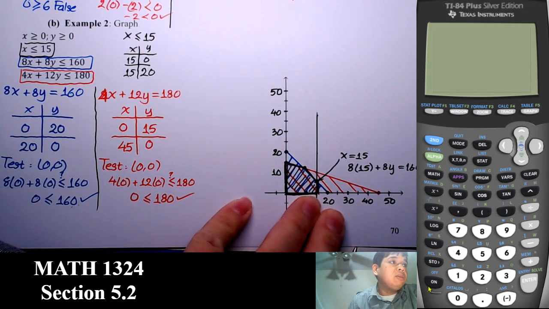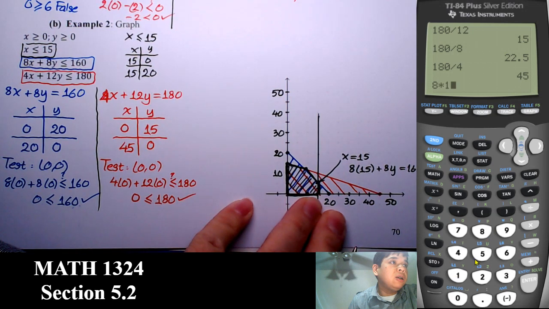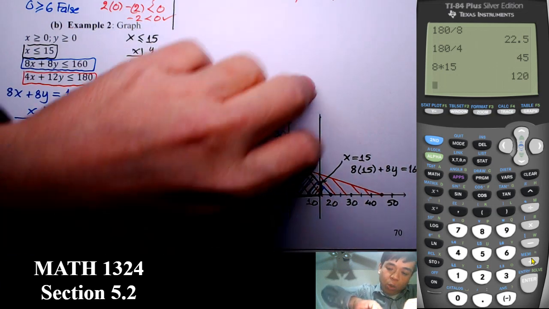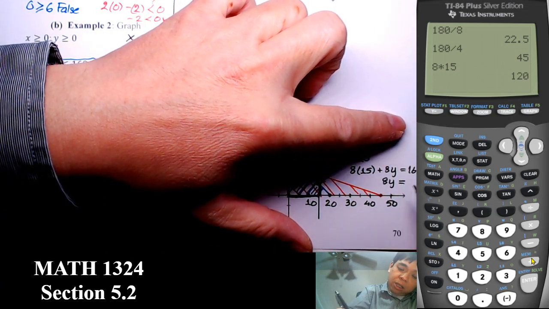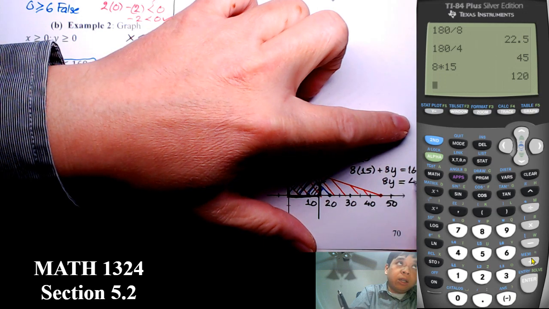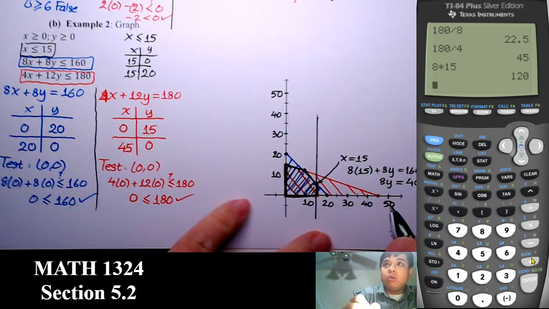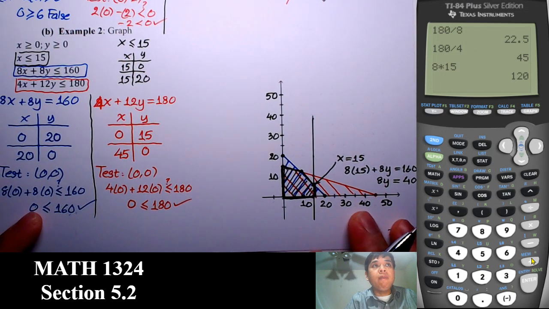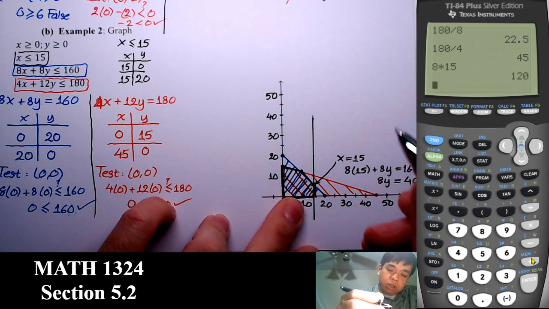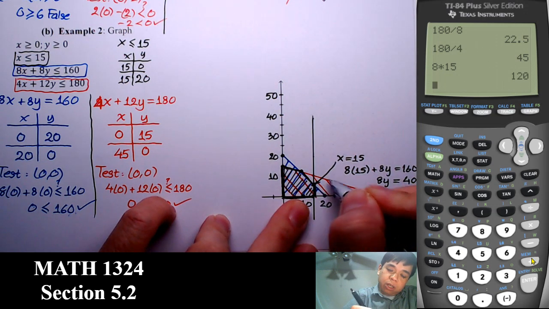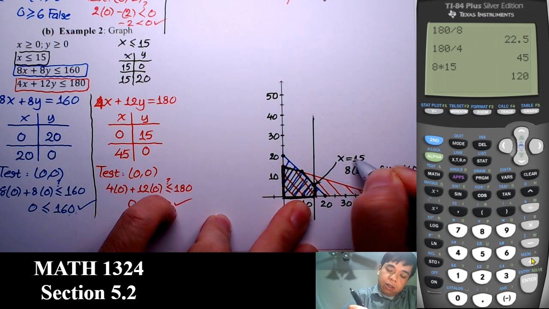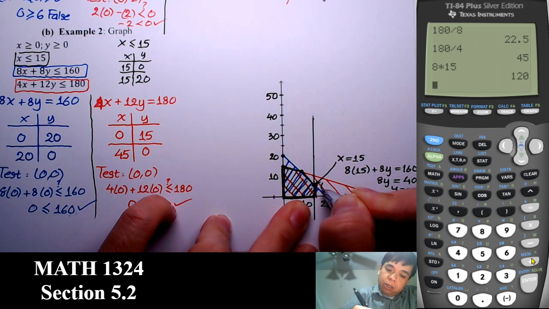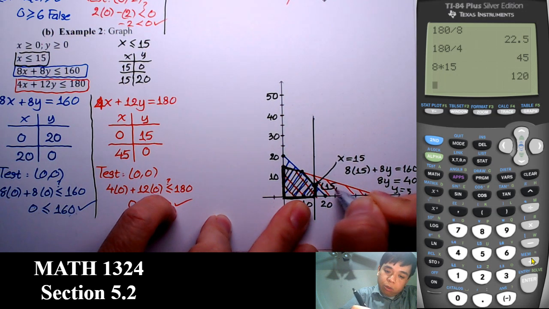So 8 times 15 is 120. Subtract 120 on both sides. 6y is equal to 40. 160 minus 120 is 40. And now divide by 6 on both sides, we have 5. So we have the point here: x equal to 15, y equal to 5.